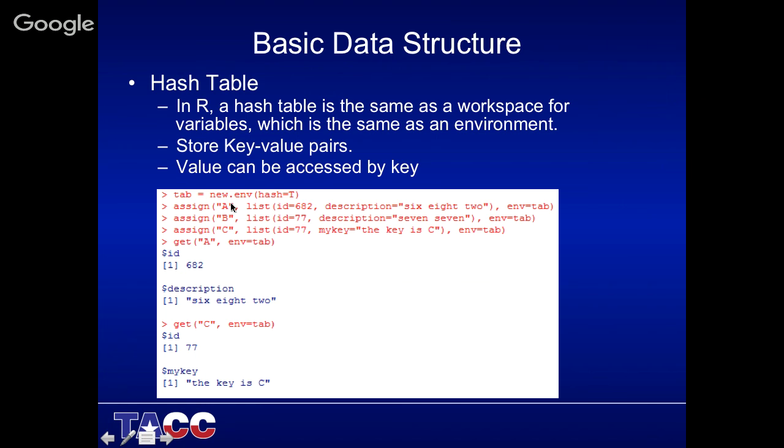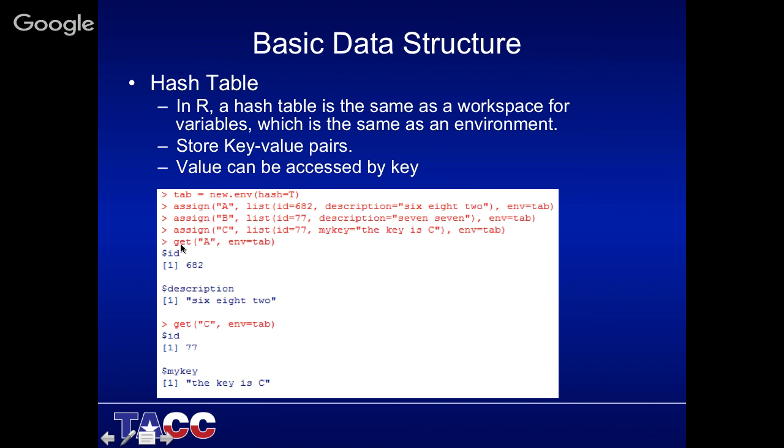So you could have a key of any type and assign a value of any data type, any of the data structures that we've seen so far as well. And you're assigning this key value to the environment variable of tab. So basically you're saying, put this key and value into this hash table. And so there's just 3 examples of this. And when you want to fetch something from a table, you would use get.